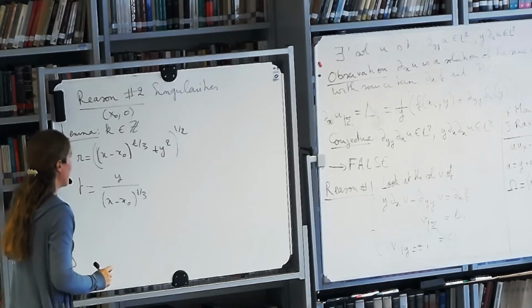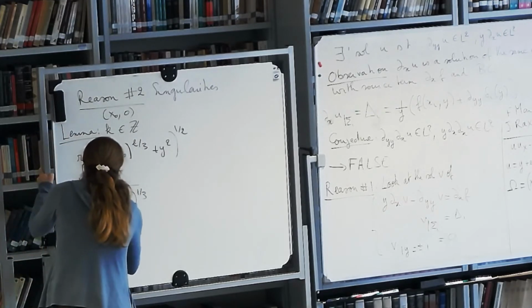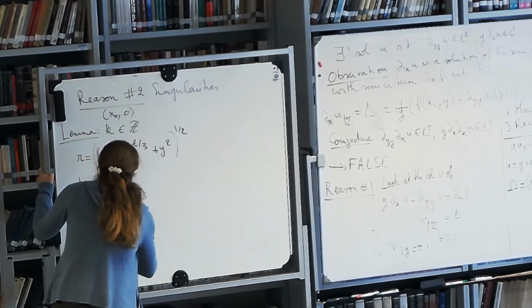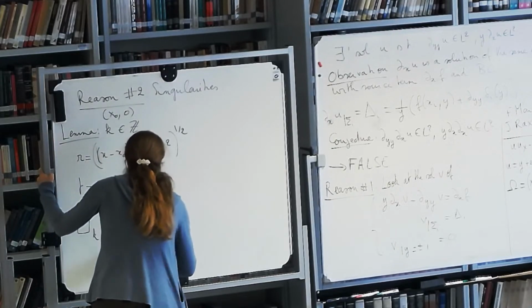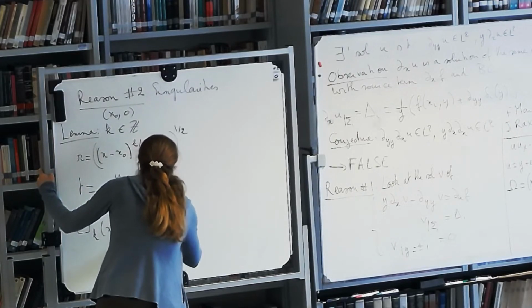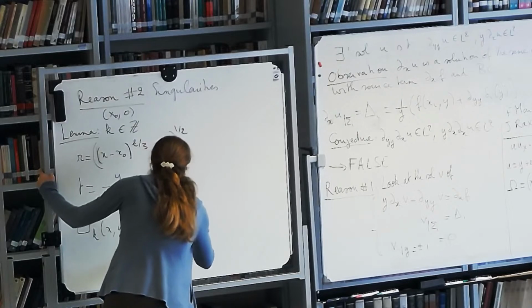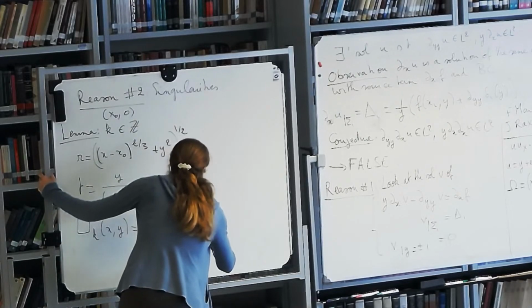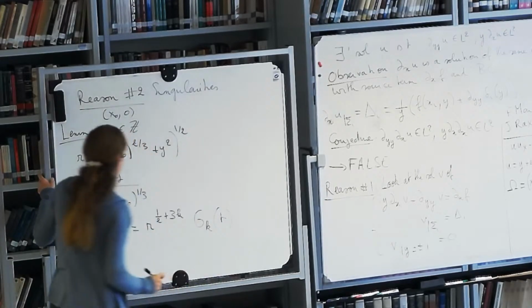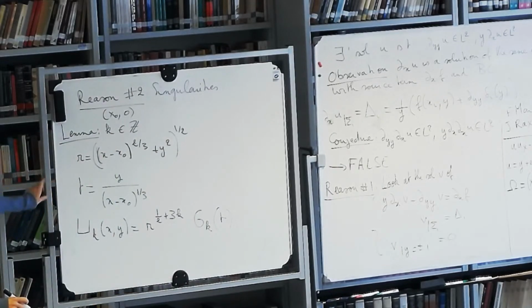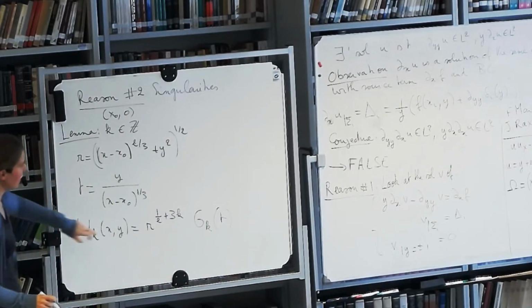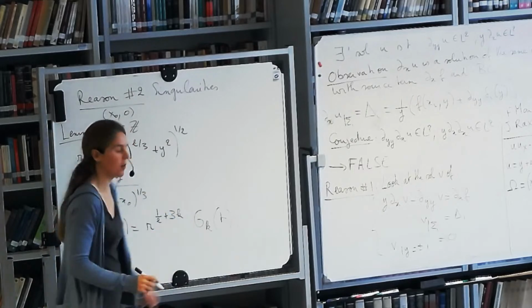Okay, and I define uk of x and y to be something like r to the power 1/2 plus 3k times jk of t. And for any k, you can find a function jk that is smooth.